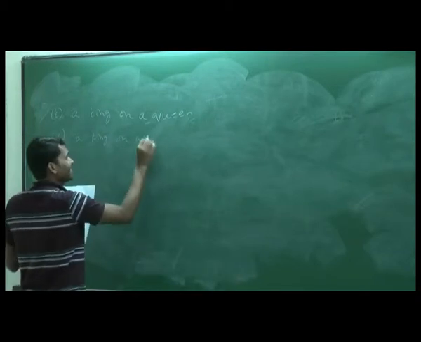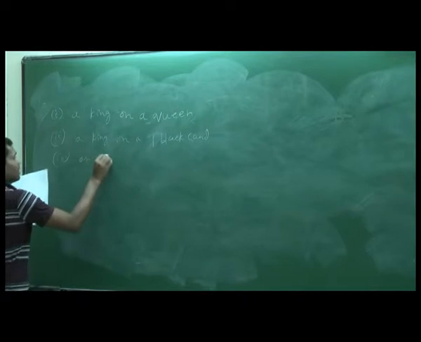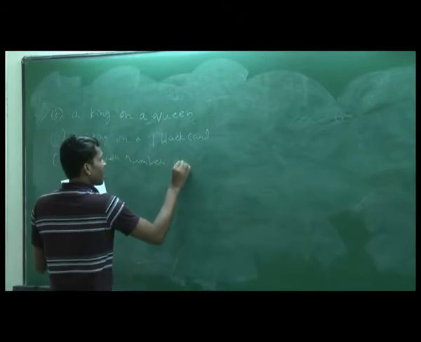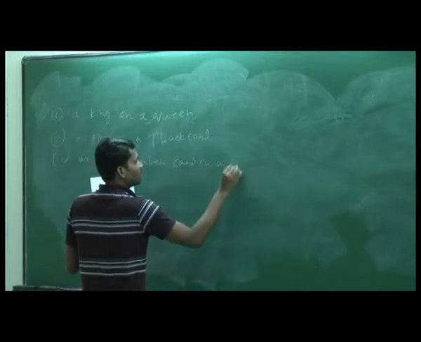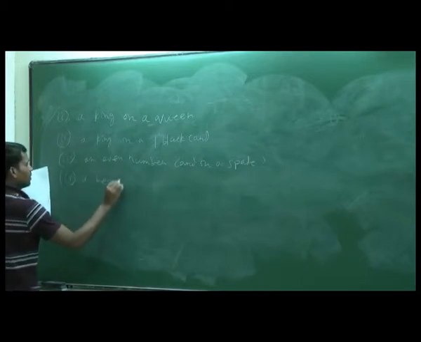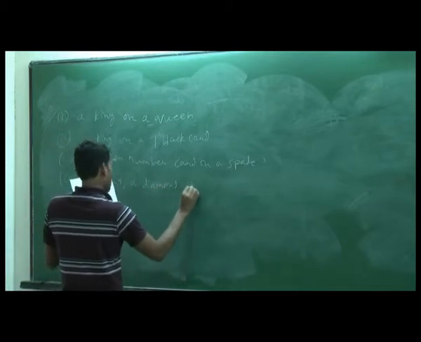Third, a king or a black card. Fourth, an odd number card or a spade. And fifth one is a heart, a diamond or a club.